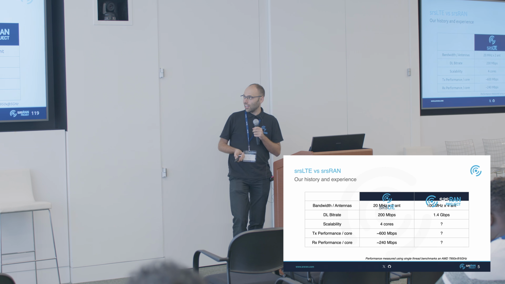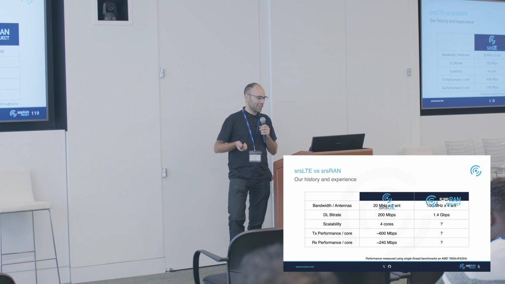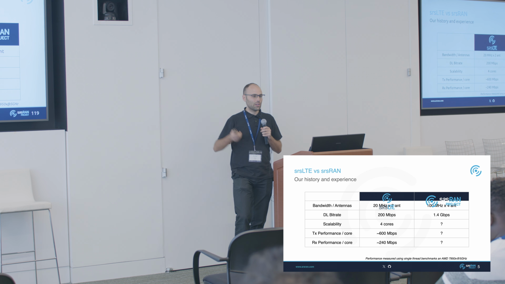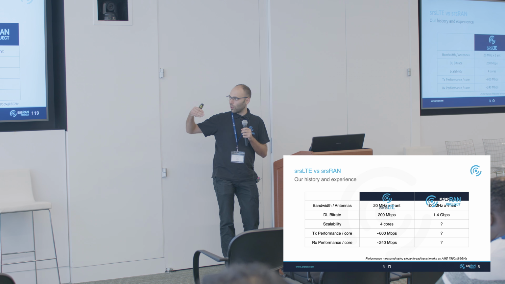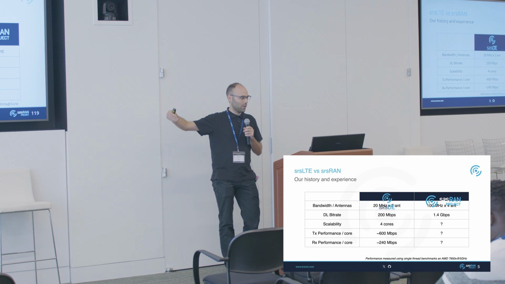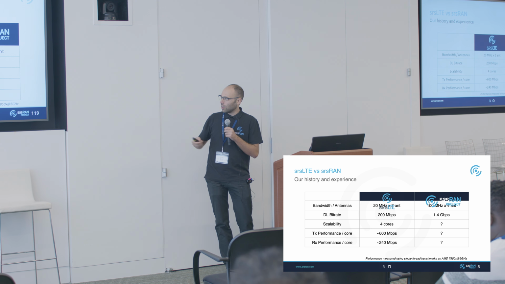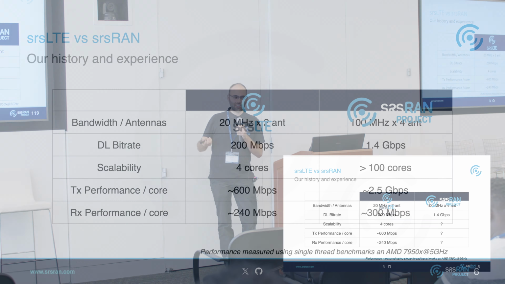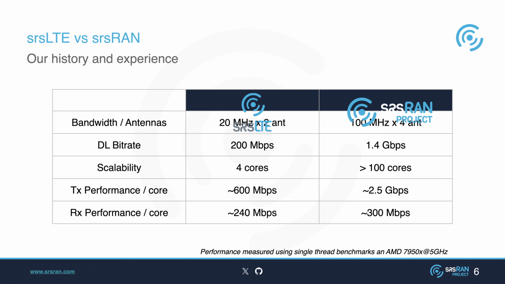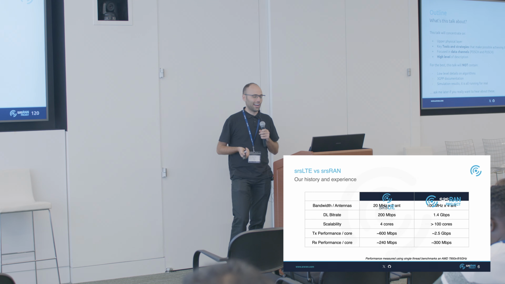So now we just went from 4 to 100 cores. We can scale our gNB to many more CPU cores. And then we could even achieve, with 1 thread on an overclocked CPU, 2.5 gigabits per second, just doing PDSCH. And in the uplink, 300. So yeah, that's pretty high.